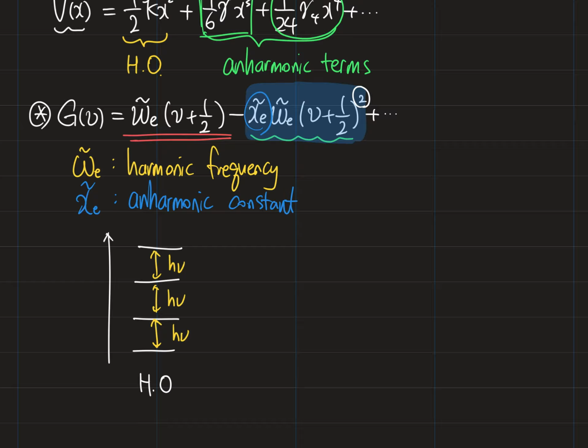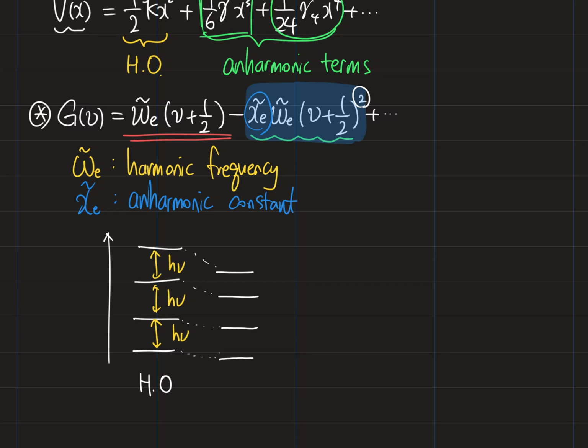That means at the ground state, the impact is small, and it gets larger and larger.